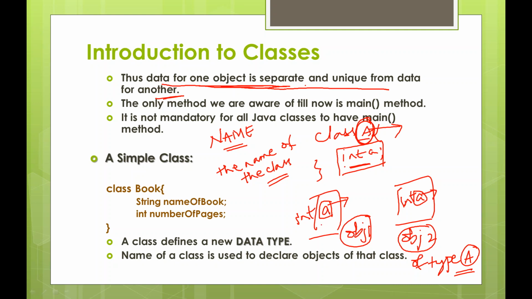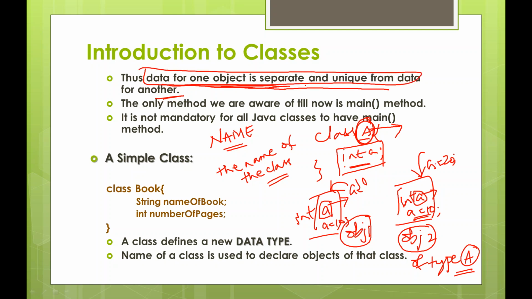It depends on what value you assign. If you assign A is equal to 10 in both, the values will be equal, but it is not necessary. Value of A here can be 10, value of A here can be 20. That is what this particular sentence means.